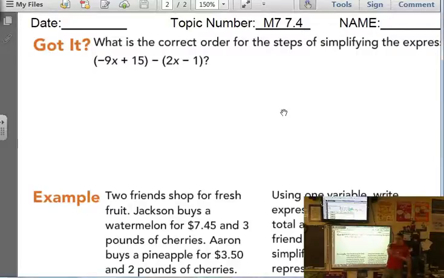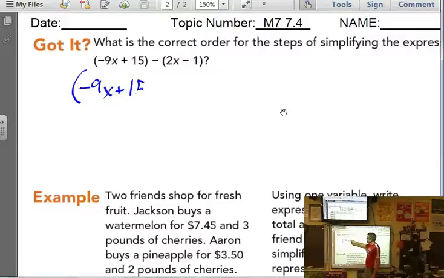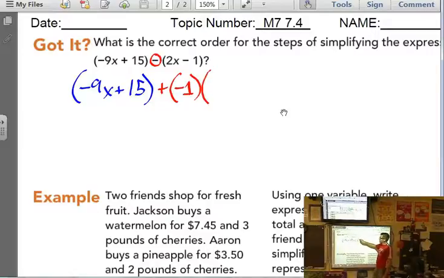We're going to switch this minus into addition of a negative. So the first thing we want to write is negative 9x plus 15. Nothing changes with that. But then we're going to change our negative into addition of negative 1 times the 2x minus 1.